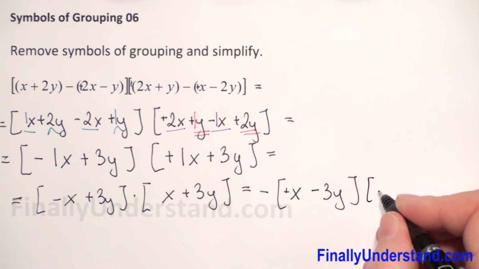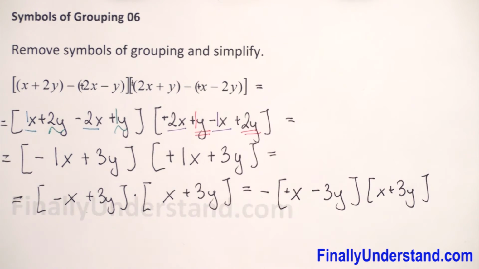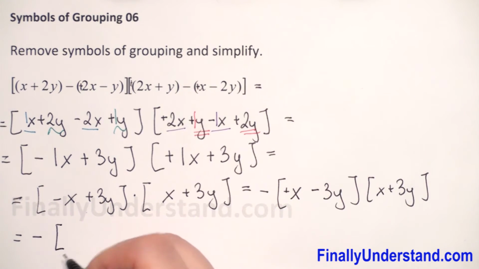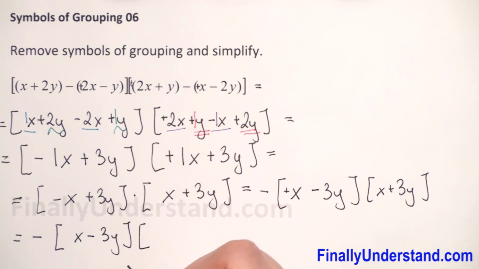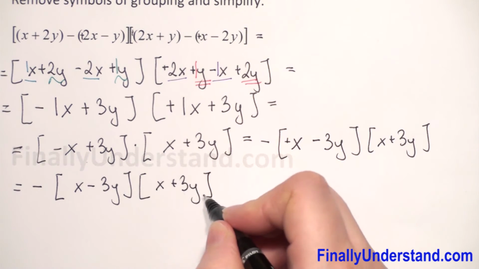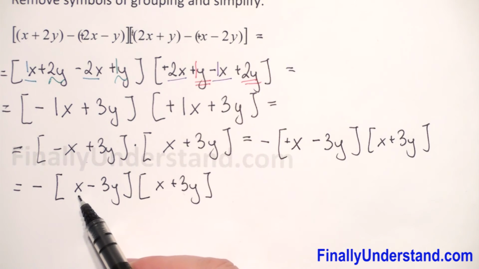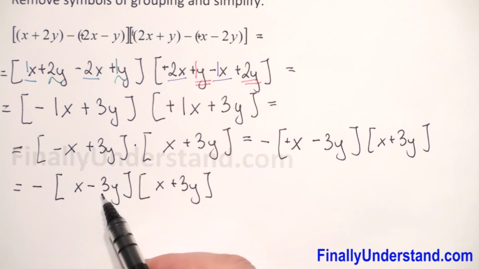So let me copy the second bracket. We don't have to write positive sign. So we will have negative sign before brackets, and inside we have x minus 3y, close brackets, and in the second bracket we have x plus 3y. We see that we have, like I said, the same terms and different sign.